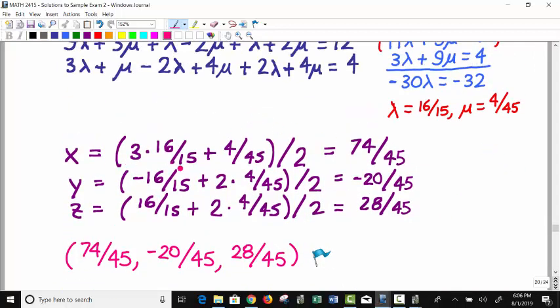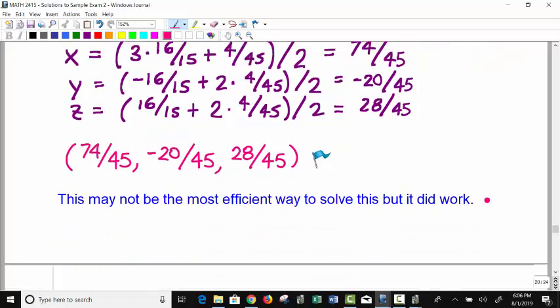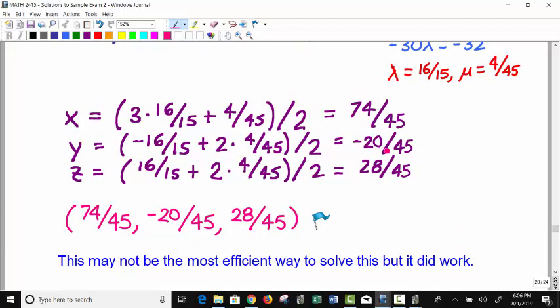So 16 over 15, 4 over 45. I got 74 over 45. Negative 20 over 45, and 28 over 45.